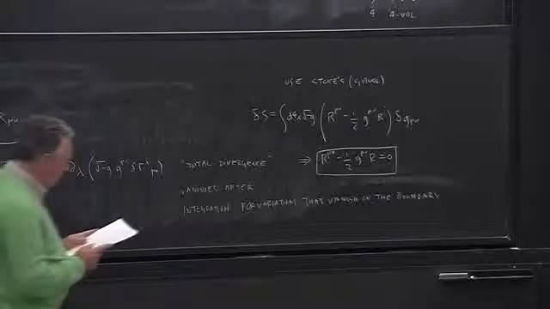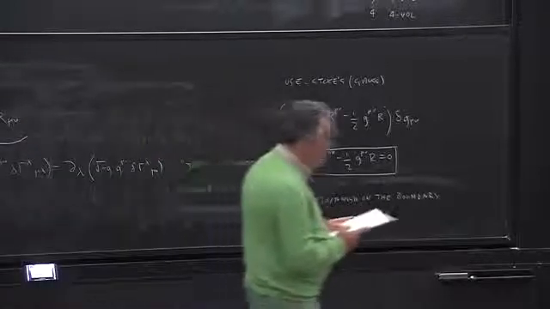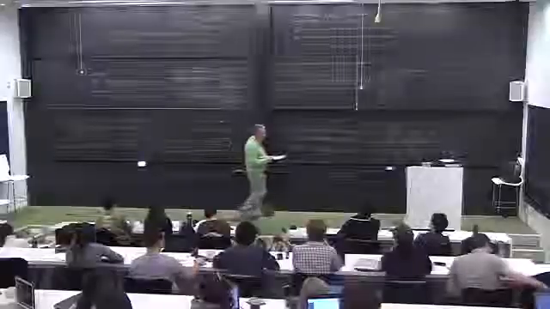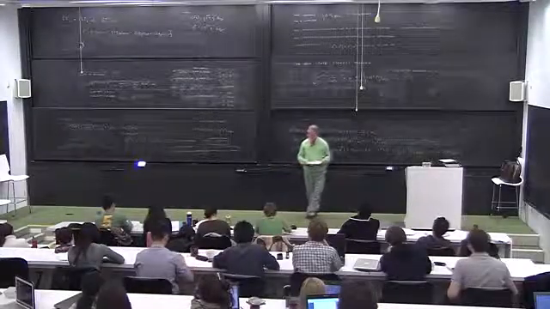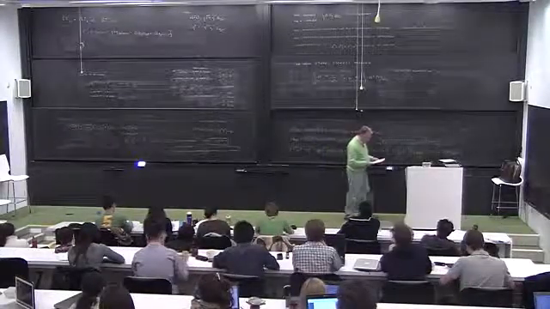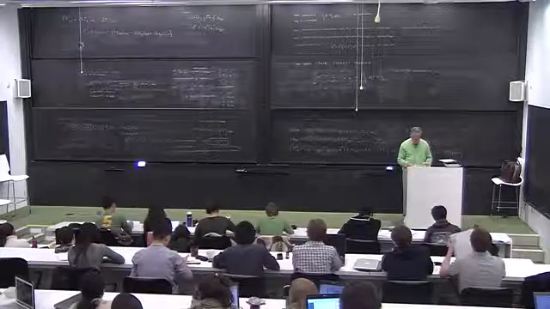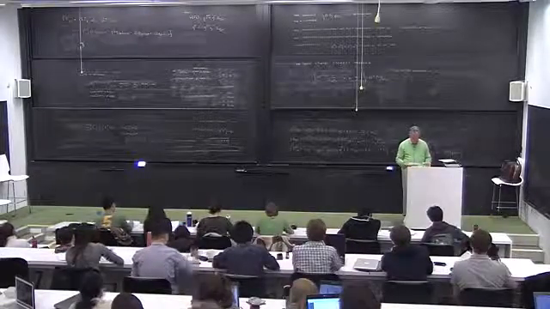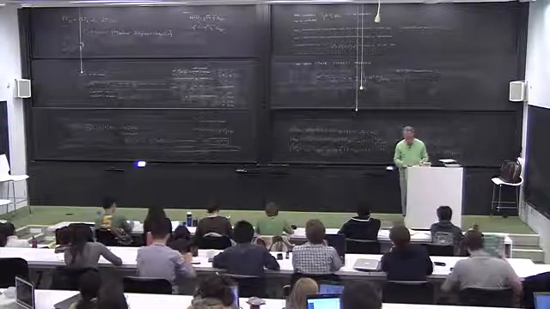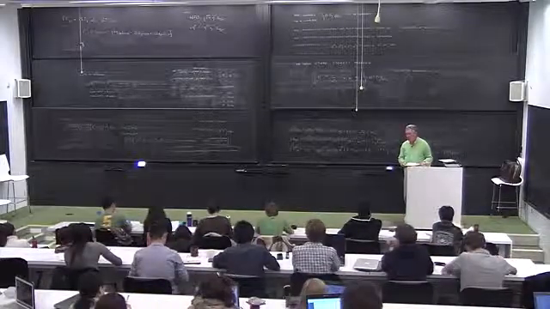So next time we'll show how that gets modified when we add a cosmological term and when we add matter fields. And we'll also talk about first order formalism. Are there any questions on what I've just done?